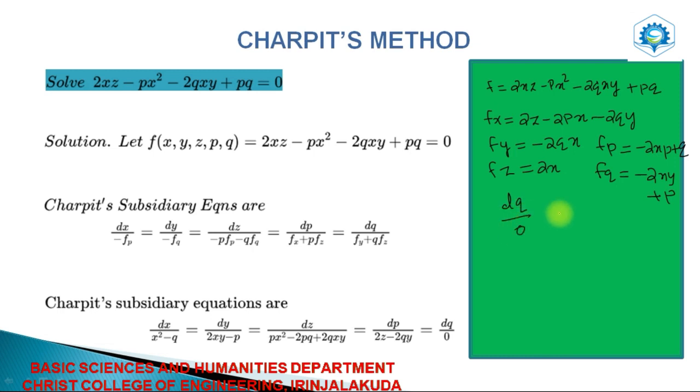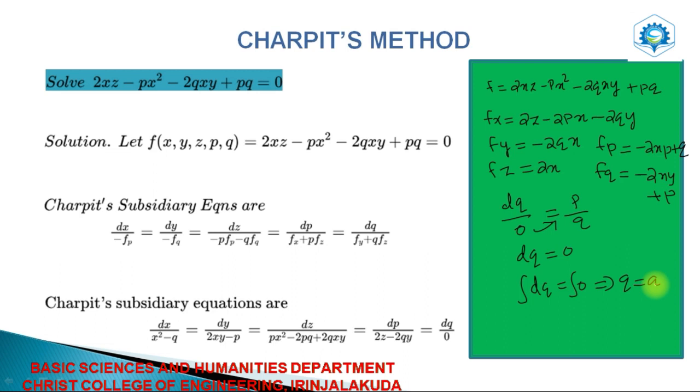If we take this 0 to the right side, we will get dq equal to 0. Now on integration, integral dq equal to integral 0. That implies q equal to a constant a. So if we have a division by 0, we can simply take that particular variable as a constant. So here we have q equal to a.